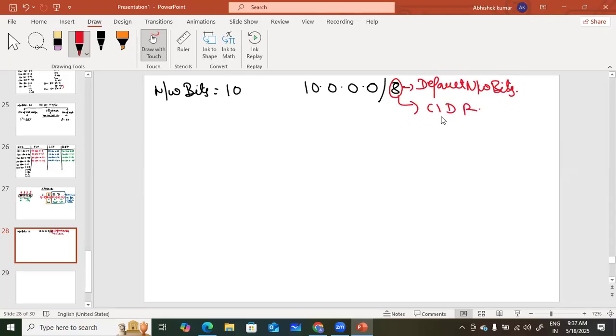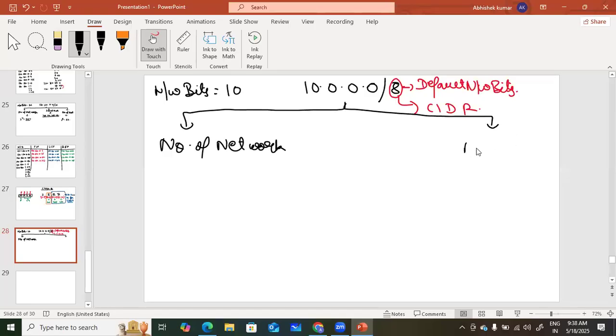Let's go for it. Let's find out the number of networks and the number of hosts. Do you want to find it yourselves or should I find it? Okay, that's great. So do one thing, you guys find out the subnet mask. I'm going to find the number of networks and hosts.